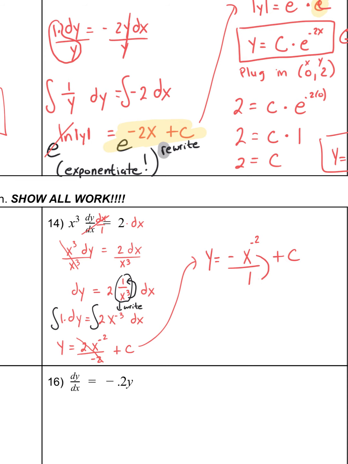I can move that guy downstairs. So I can write it as negative 1 over x to the positive 2 plus c. And that is my final answer. Yes, I have to know how to rewrite negative exponents because I can't solve for c if I have a negative exponent. Alright, almost done.